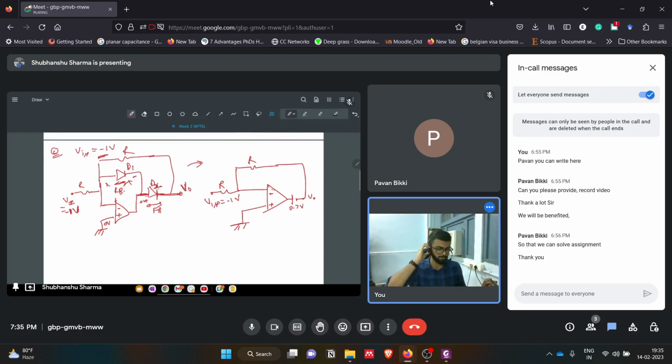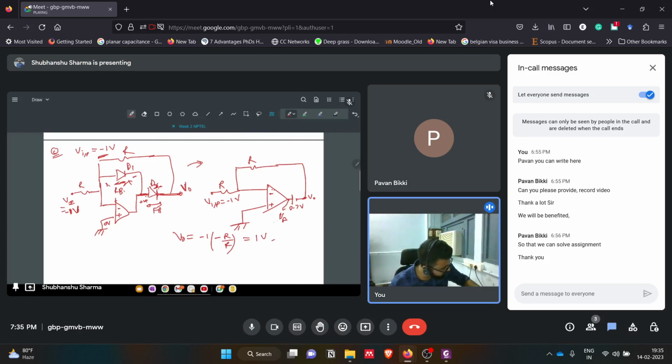Okay. So now this is simple. This is a simple circuit. This was VA. So you can get V naught as minus 1 times this. This is our inverting gain amplifier. R by R, you will get 1 volt. So this will be 1 volt.